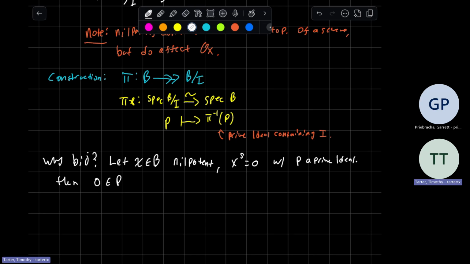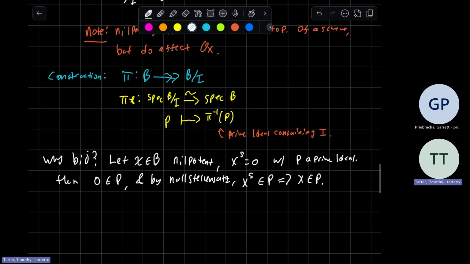Then x to the s is zero, so it is in P. And by the Nullstellensatz, x to the s in P implies x is in P.